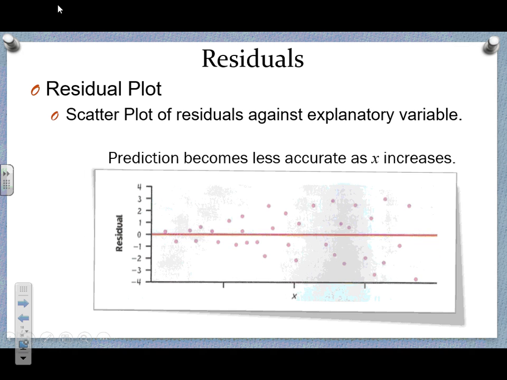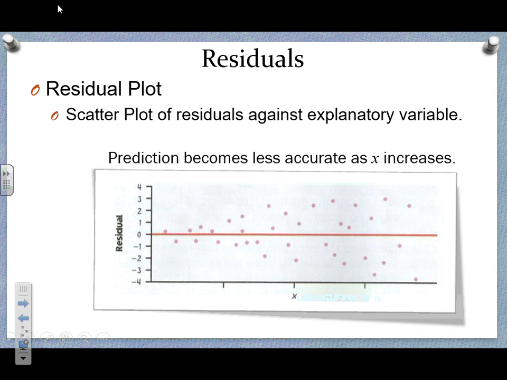Here's another thing that you might run across. So you see your scatter plot, it looks linear, so you create a residual plot just to check and make sure. And what we see is this sort of pattern. Now, do we see any sort of curve?